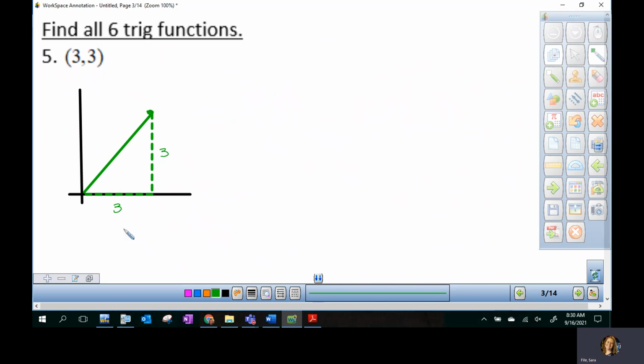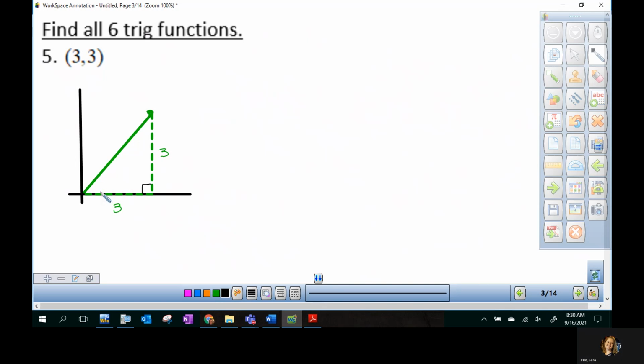Now, this is actually a special case. Does anybody recognize what type of right triangle this is? It's isosceles. The legs are equal, aren't they? What do we know about the angles of an isosceles?